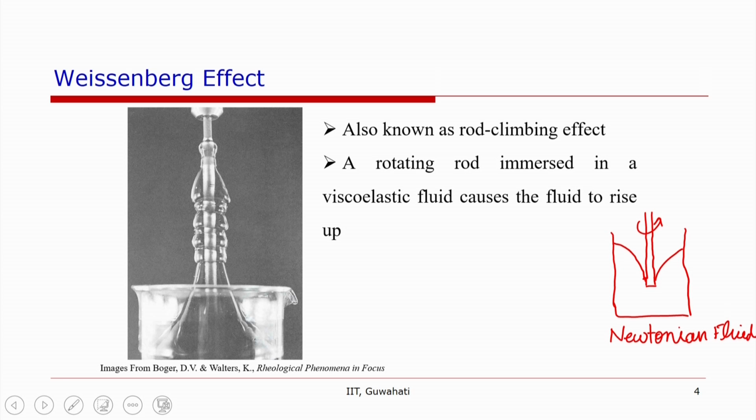The top meniscus will take a shape like this, where the level of the fluid is lower near the rod and higher near the walls because of the centrifugal effect.